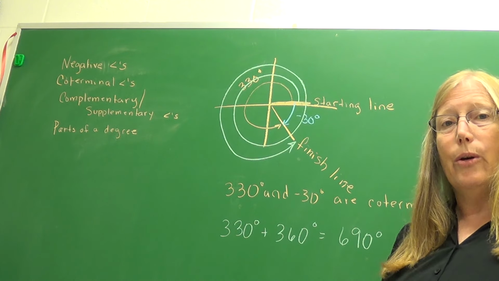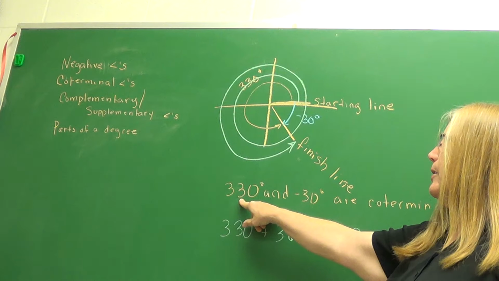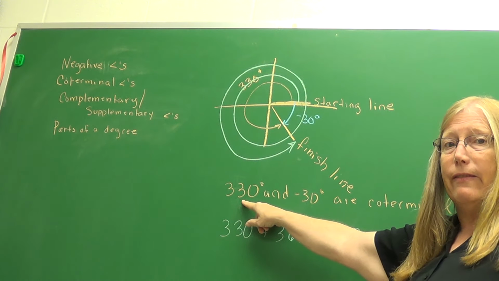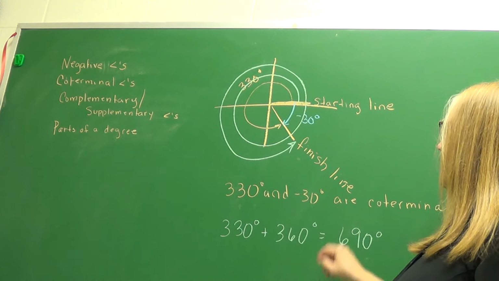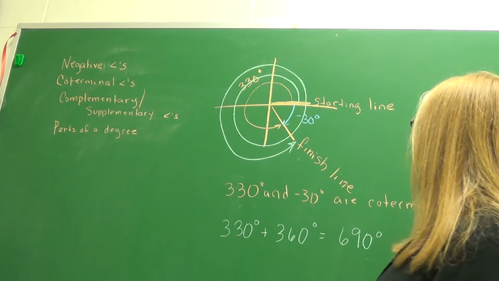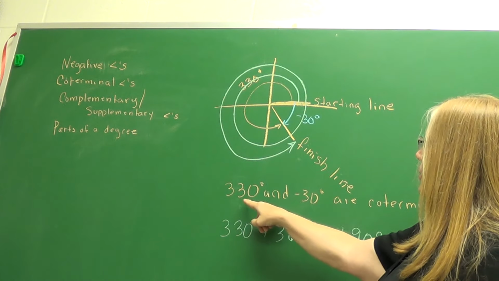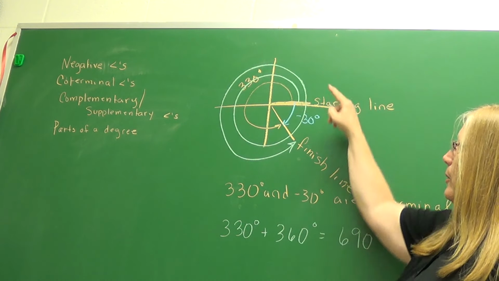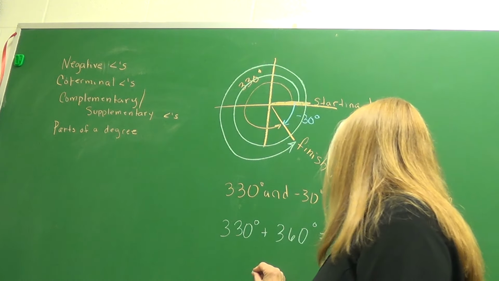These are coterminal angles. So often you'll be asked, what angle is coterminal to 330? I want one positive and one negative. So notice to get this angle, I can write it as negative 30 easily, and I did that by recognizing that the difference between 360 and 330 is 30 degrees, and I know it went in the clockwise direction, so I signed it negative 30. So notice this pattern.